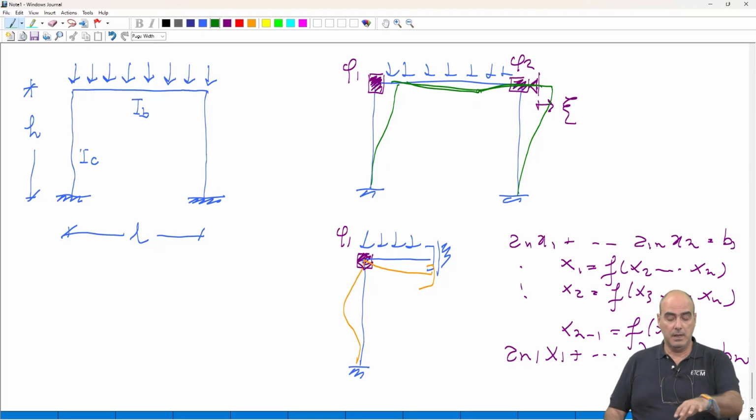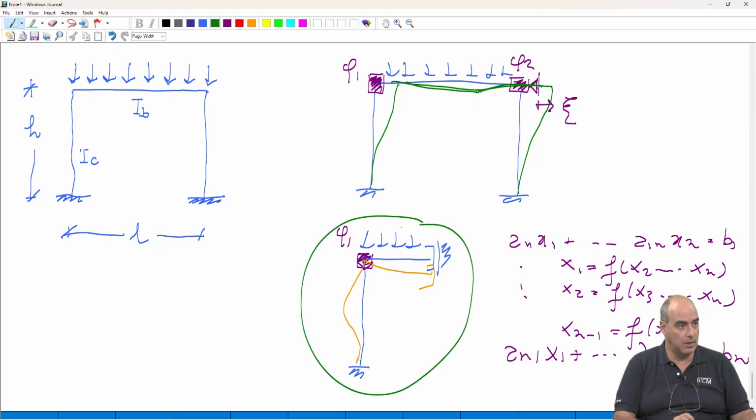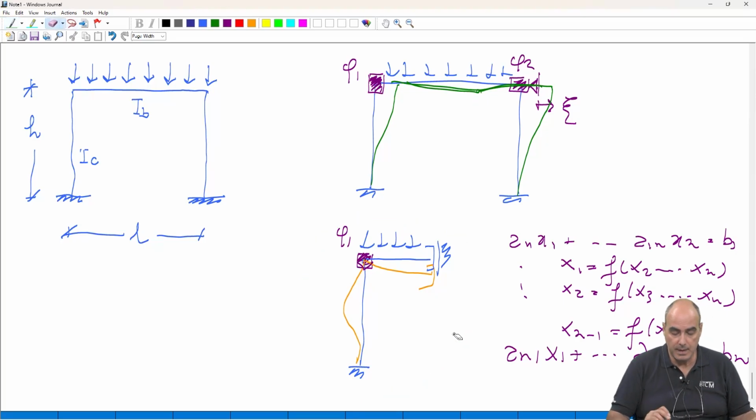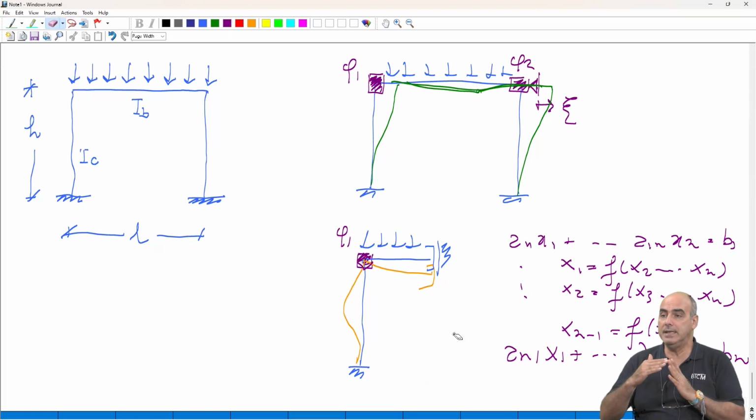Now, let's look at this scheme here, okay? What is the buckling load that you expect for the column? Well, everything depends on the relative stiffness between the beam and the column.